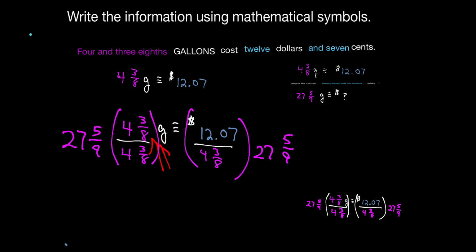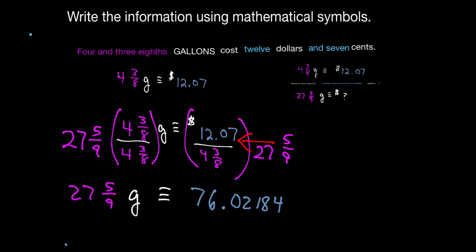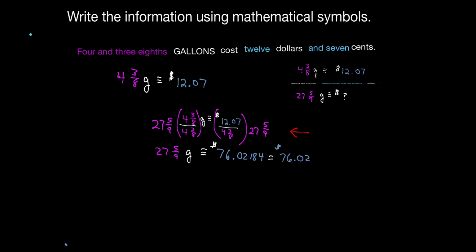Over here, this mathematics of taking 4 3/8, dividing it by 4 3/8, and multiplying it with 27 5/9 gives us 27 5/9 gallons. And that'll be equivalent to the mathematics of doing this on a calculator without rounding. 12 7/100 times 27 5/9 divided by 4 3/8 gives us this answer, which is approximately $76, and this rounds off to 2 cents.